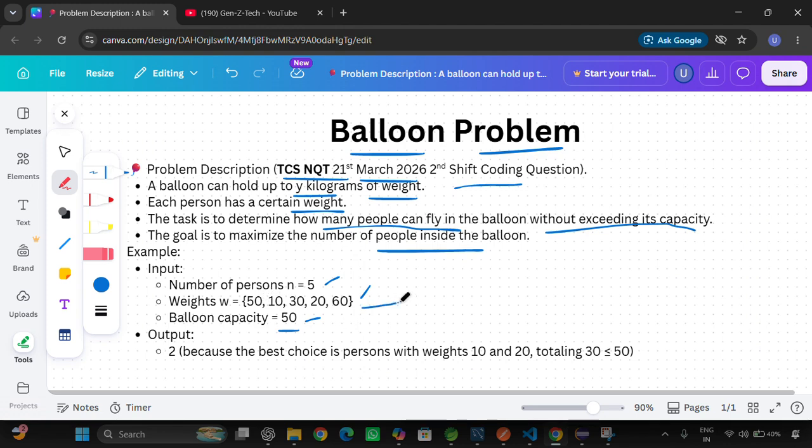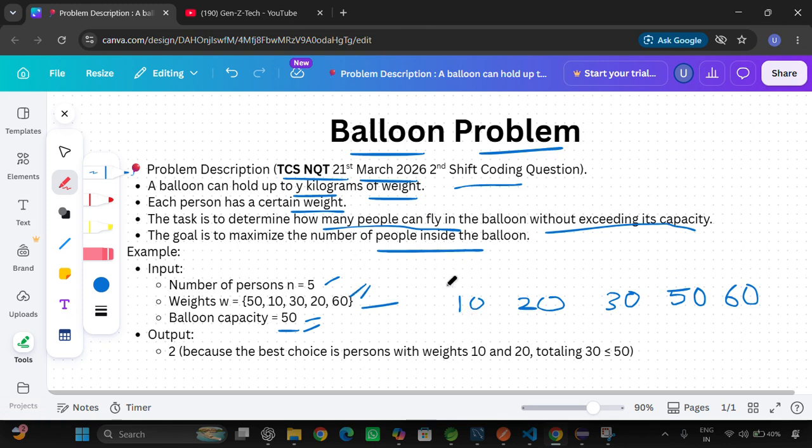See, if I sort this array, I will get 10, 20, 30, 50, and 60. The maximum capacity of the balloon is 50, right? If I count how many persons can sit in the balloon, it will increase. Before, when I solved for the unsorted array, it was only one.